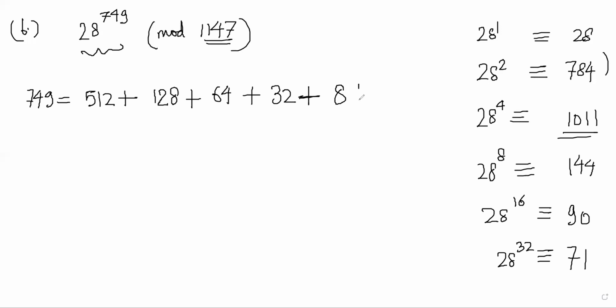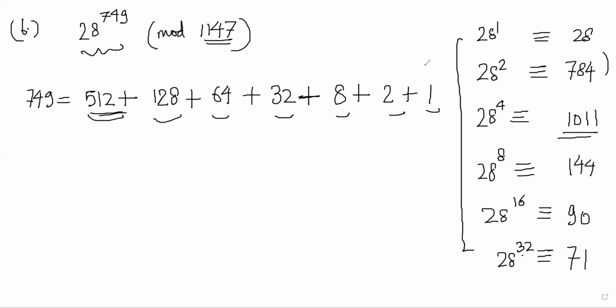Then 8, and 5 is left, and so on. Basically you have to get these powers. We have stopped at 32; we have to actually go till 128 and 512. It might be long, but that is necessary because the question itself is very long. But this is a very useful method.